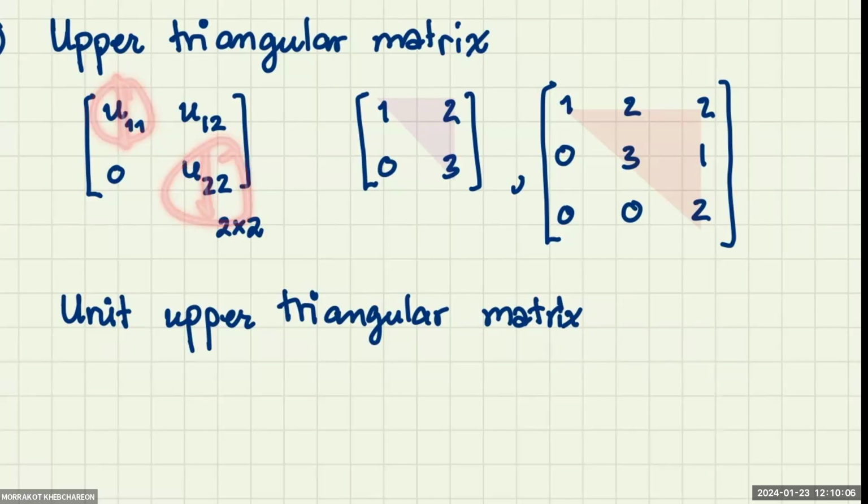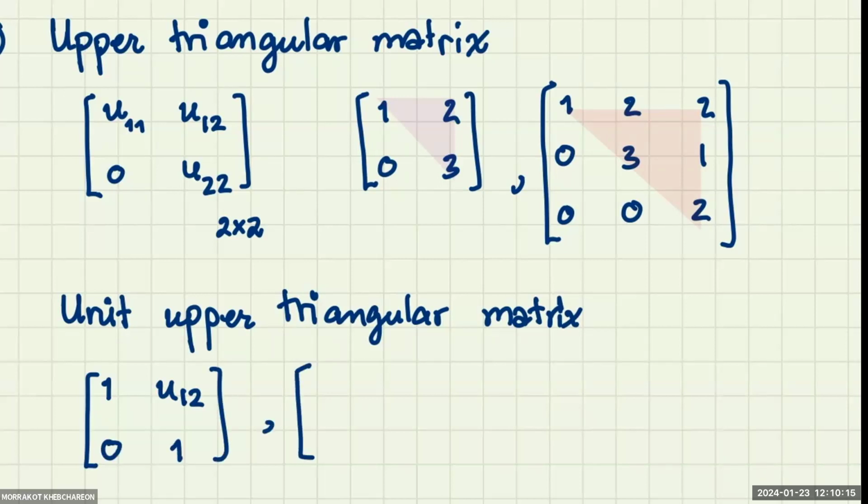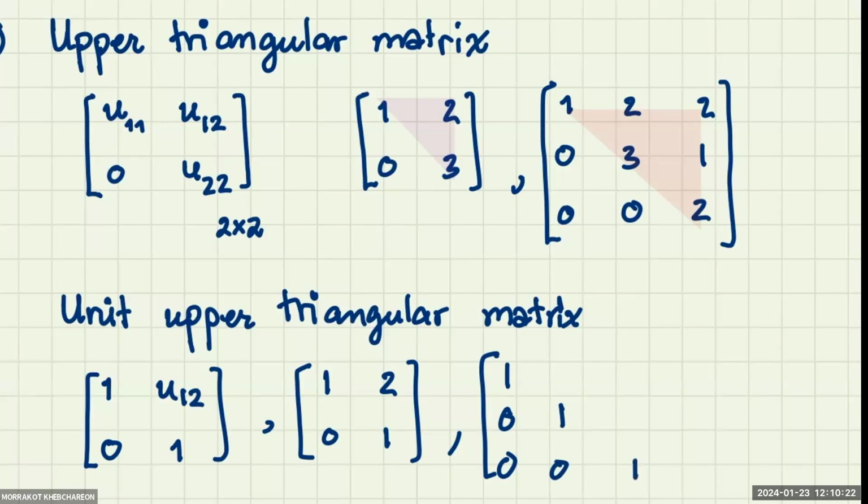Okay, you can see the elements here, 1, 1, 1, 1. We will call this the unit upper triangular matrix.